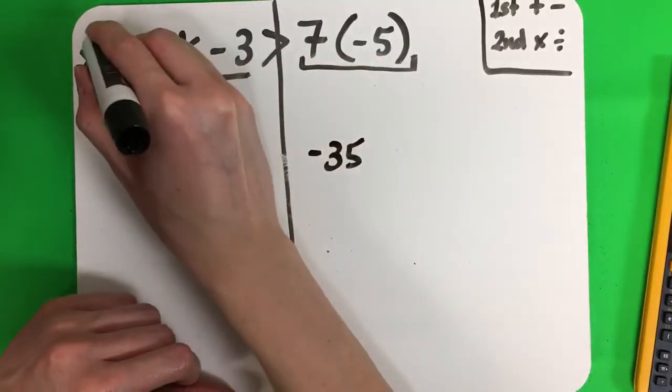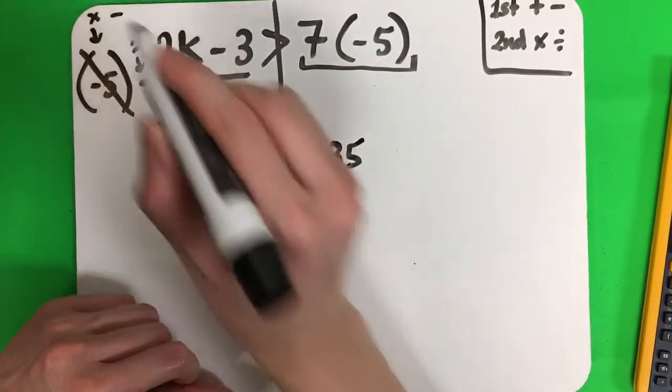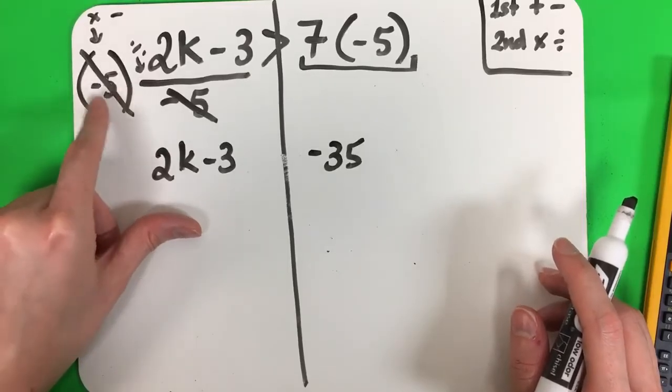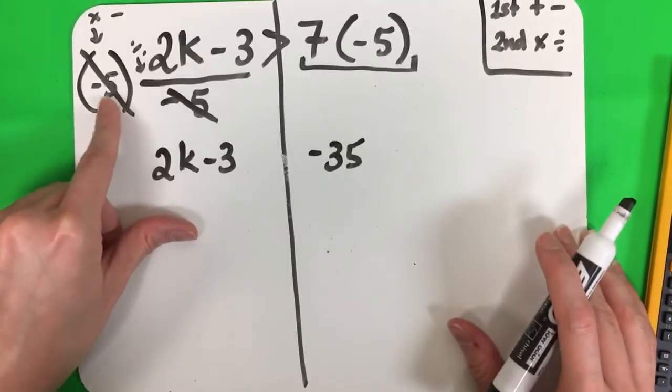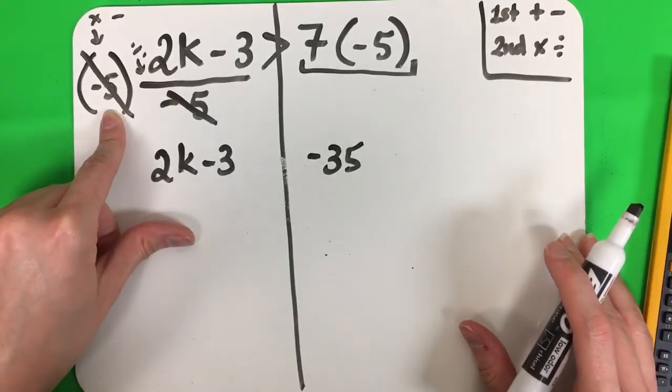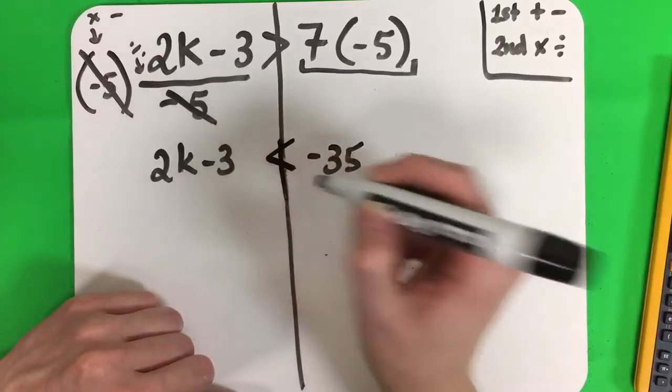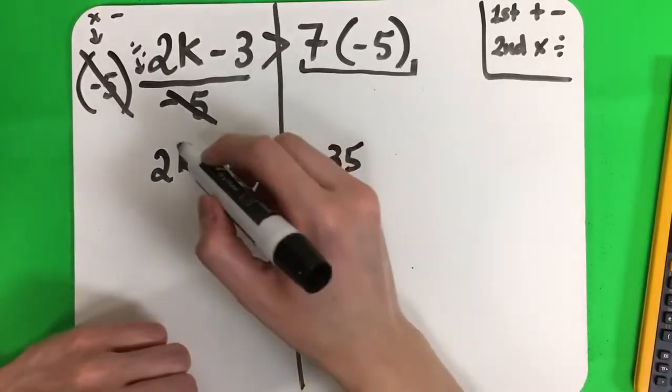Now look here, I did multiply by a negative. This is multiply, it's multiplicación because it's parenthesis. Parenthesis is multiply, inside is negative, dentro es negativo, so I need to switch the sign. Necesito cambiar el signo. Okay, now we can continue.